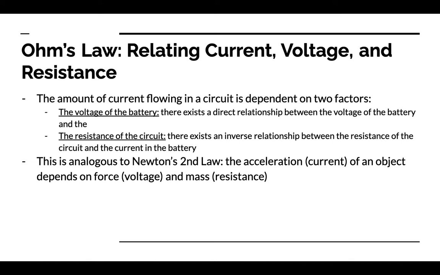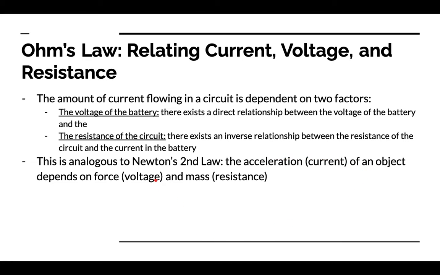In a way, this is analogous to Newton's second law, in that the acceleration of an object depends on force and mass. If we recall, an object accelerates depending on how much force is acting on it, and depending on how much mass that object has, because that mass acts as inertia, as a resistance to a change in motion. The same thing happens with an electric circuit, in that the current depends on the voltage.